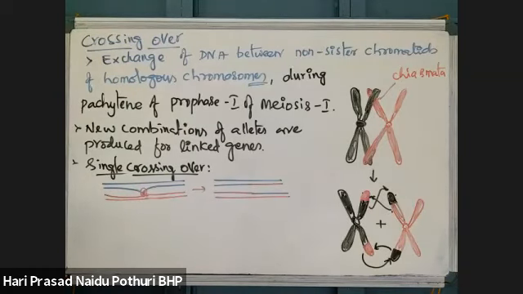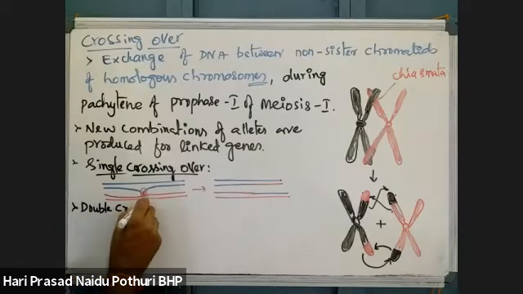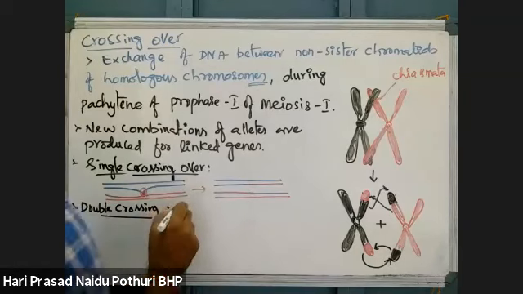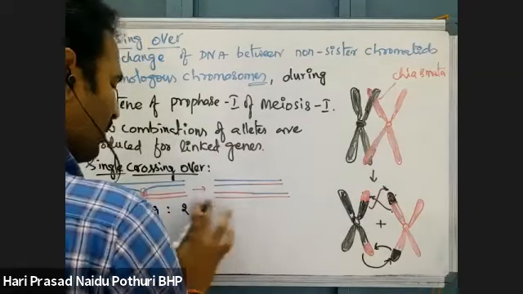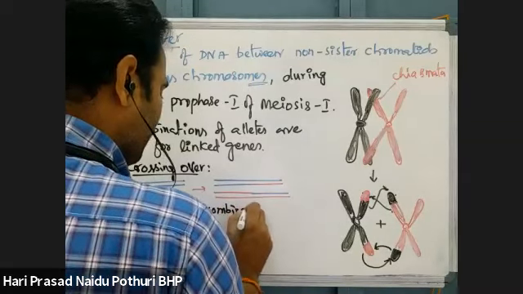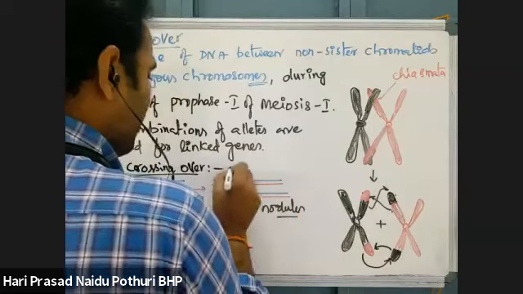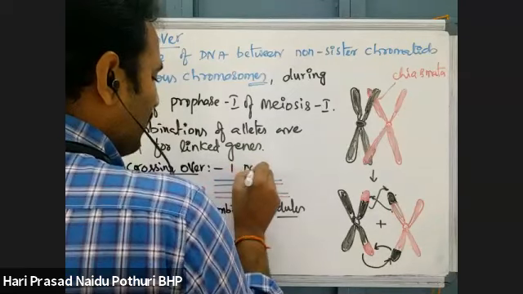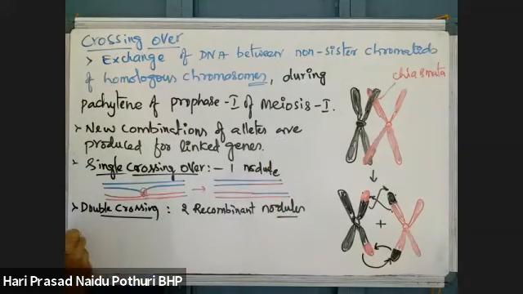Like that, double crossing over is there, and multiple crossing over is also there. Double crossing over means two recombinant nodules are formed, one here and one here.